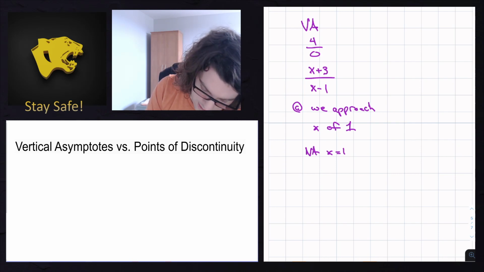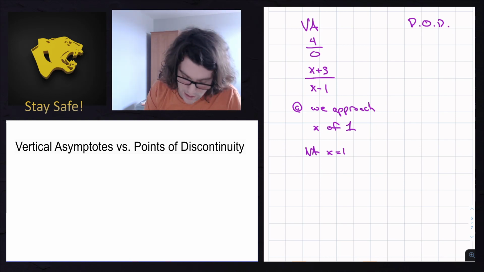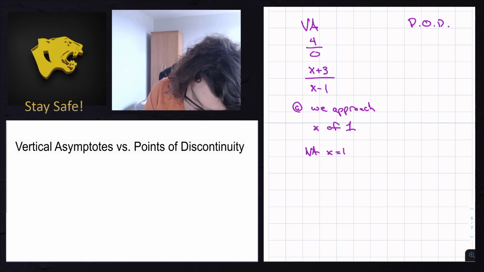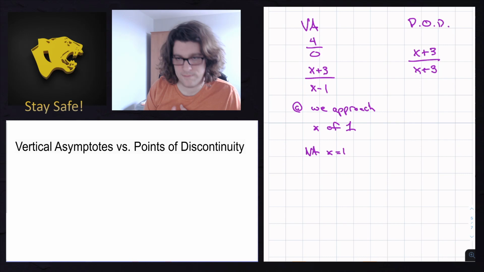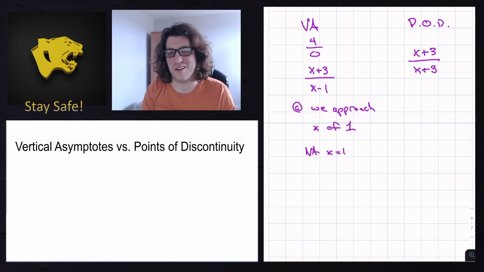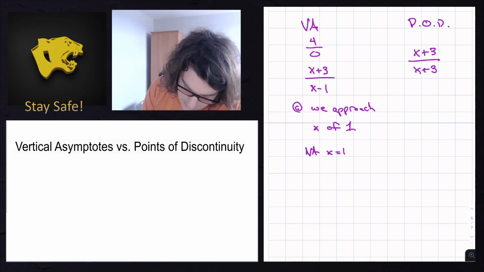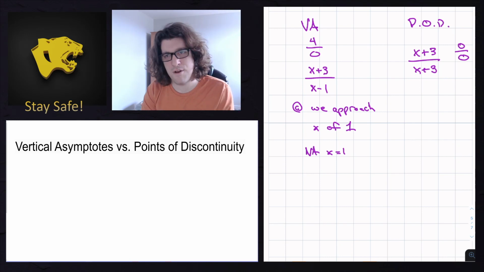Point of discontinuity, POD for short, is interesting because a point of discontinuity, this is actually a really funny graph, but those occur if you basically get that same sort of behavior at the same time in both the numerator and the denominator.